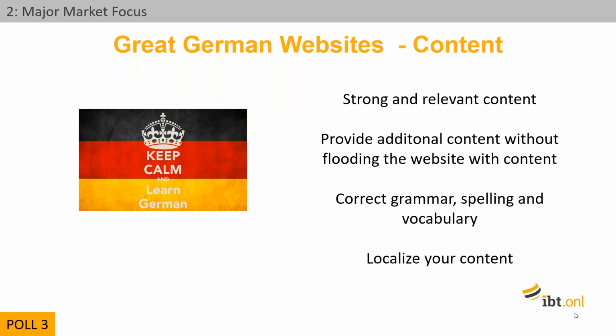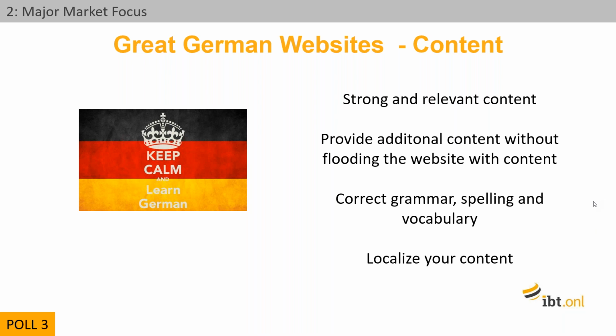And this brings us to the last point for great German websites, the content. What is important is to use strong and relevant content on your website. So don't be afraid to add text and explanations. Your German prospects will definitely check it all out. Also, you can provide additional content for your German website.